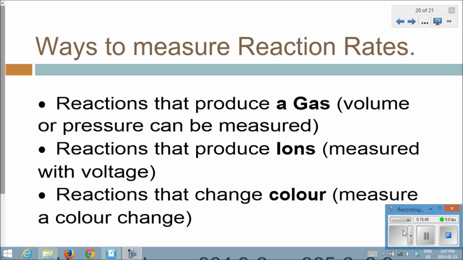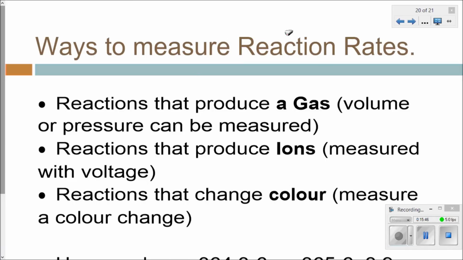Okay, lastly, what we're going to talk about is ways to measure reaction rates. Well, what we do practically in the lab, guys, to measure rates, they relate to things. If things produce a gas, for example, you can measure the change in pressure, and that's related to the rate. You can also measure the voltage of a reaction, and that determines if more ions are being produced or being consumed. You can determine the rate.